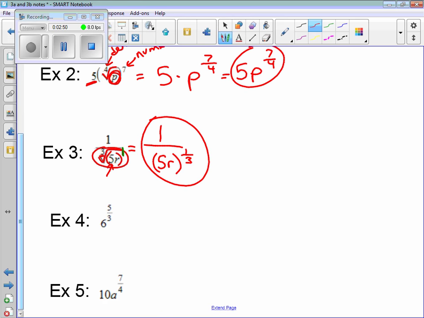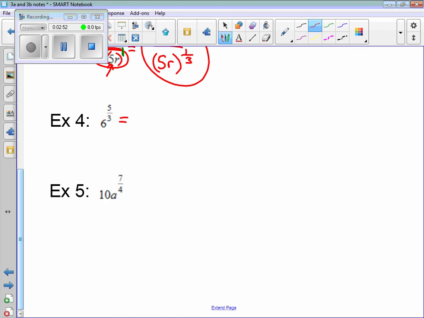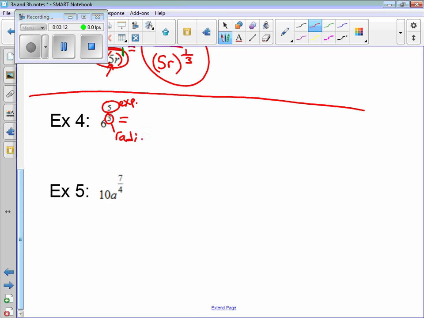Next. So now we're going to go back the other way. This is exponential form, and we've got to change it to radical form. So let's change this exponent to radical form. The numerator becomes your exponent. Your denominator becomes your root or radical.